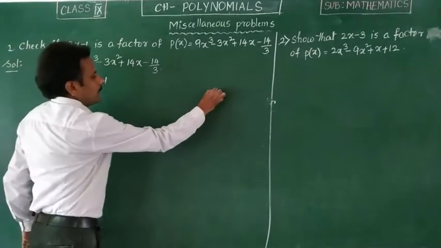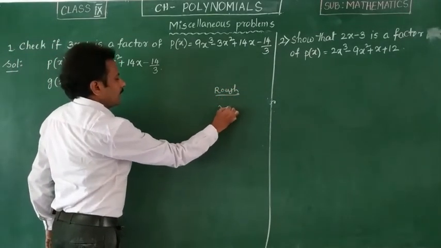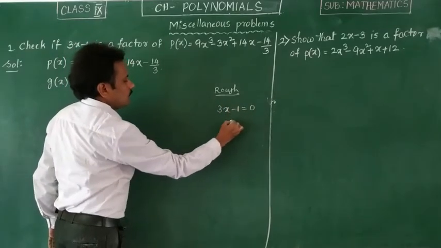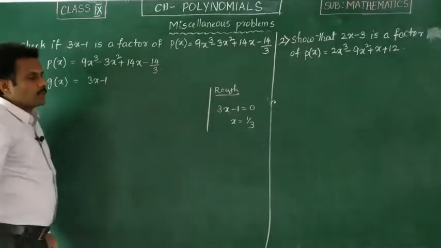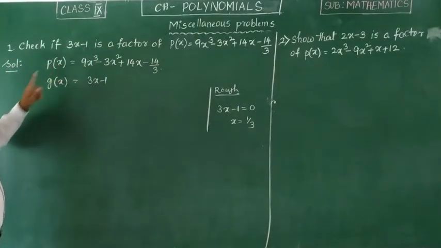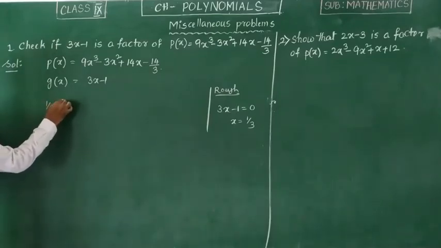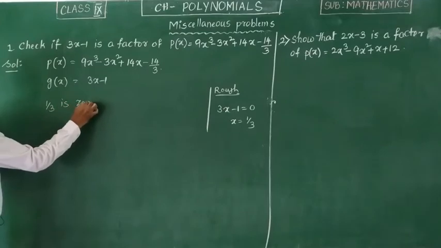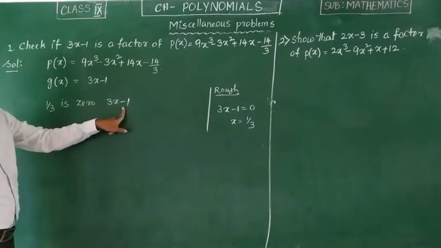So here in rough space you can find 0 of polynomial. So you assume 3x minus 1 equal to 0, the next value you get 1 by 3. So that 1 by 3 we need to substitute in the place of x. So here 1 by 3 is 0 of 3x minus 1. So this statement you can write to avoid the confusion.